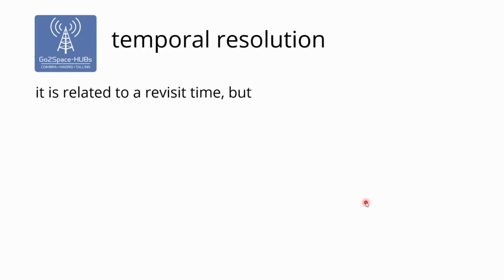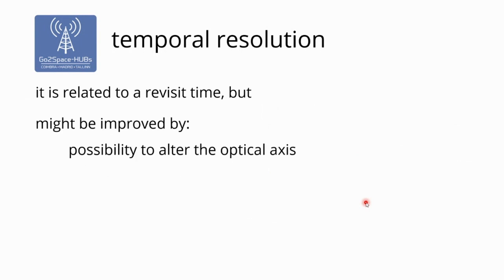So it might be affected this way, of course, but it also can be improved. It's not only how often the satellite goes over our location, but we might improve it, for example by altering the optical axis. Let's imagine that we've taken an image of Madrid today, and we will need it tomorrow. But the satellite will be over Madrid not tomorrow, but in 2 weeks, for example.